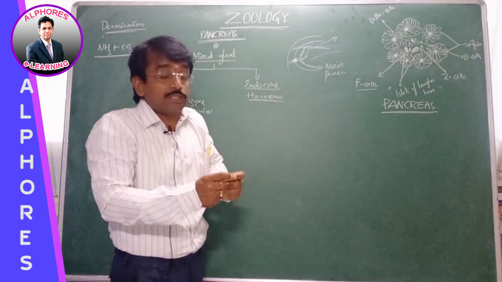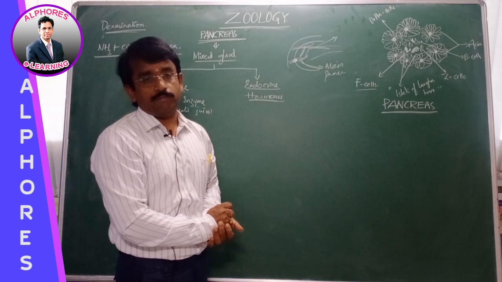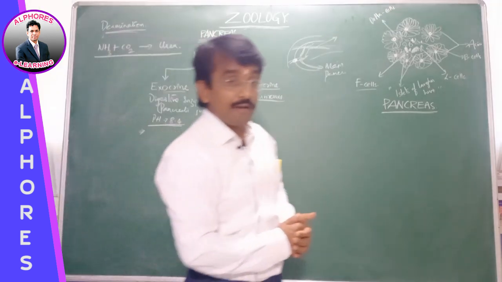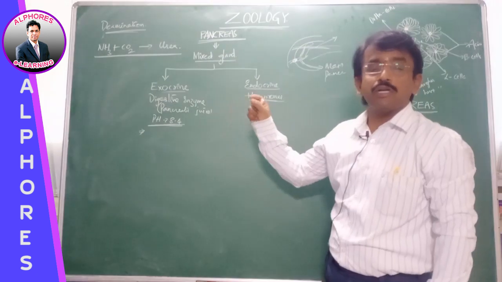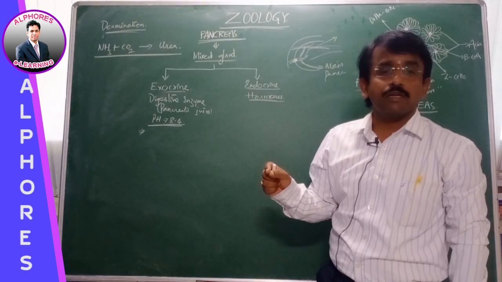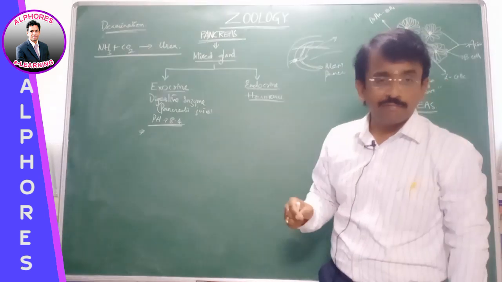Now the question: in the stomach, HCl is the activator which converts pepsinogen into pepsin and prorenin into renin. Then how about here? In the case of the pancreatic juice, trypsinogen, chymotrypsinogen, and procarboxypeptidase are converted into active forms.